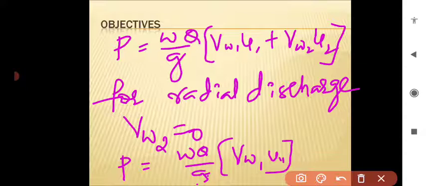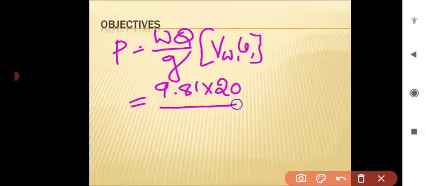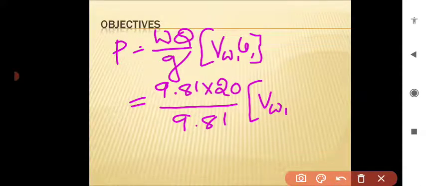So substitute all the values in this equation. P is equal to WQ by g into Vw1 U1. W is equal to 9.81, Q is equal to 20, g is equal to 9.81, Vw1 is what we have to find, and U1 we already calculated, that is equal to 20.94.